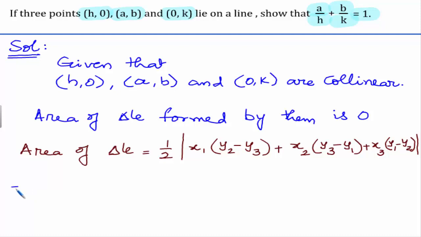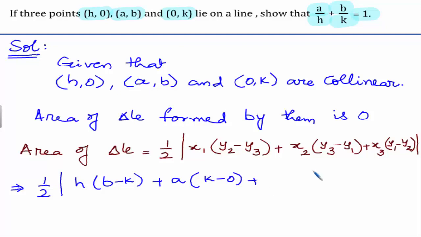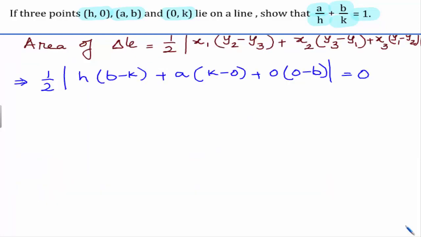Now let us write this. Half into x1 is h into y2 minus y3, that is b minus k, plus a into k minus 0 plus 0 into 0 minus b, and this area should be equal to 0.